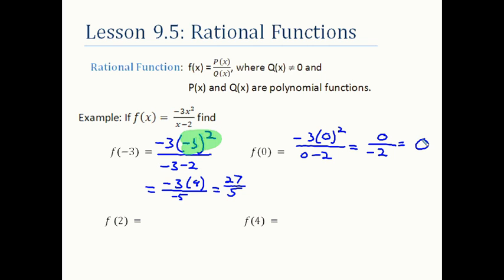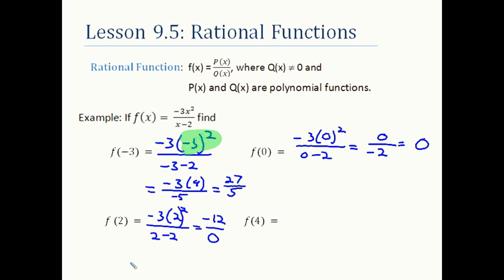Next we want to plug in 2 into our function. We have negative 3 times 2 squared over 2 minus 2. Our numerator, 2 squared, is 4. 4 times negative 3 is negative 12. And we get negative 12 over 0. Well, we all know we can't divide by 0.